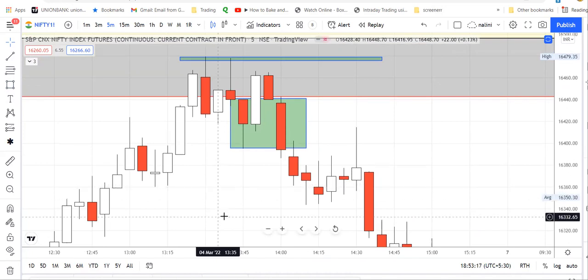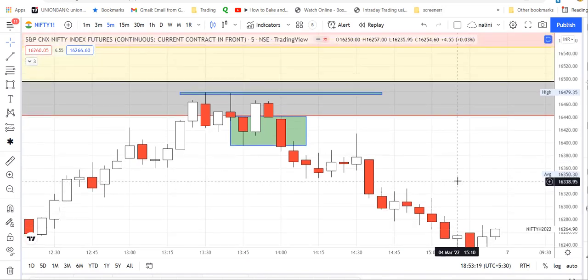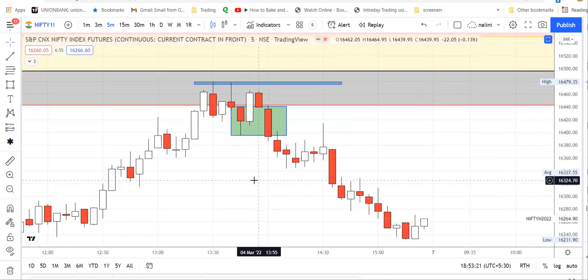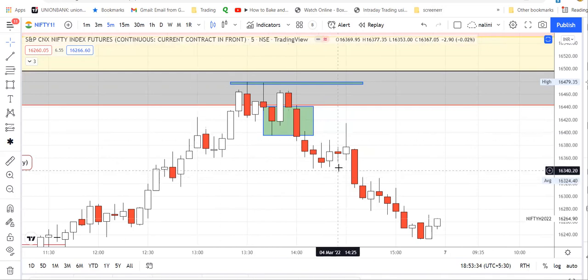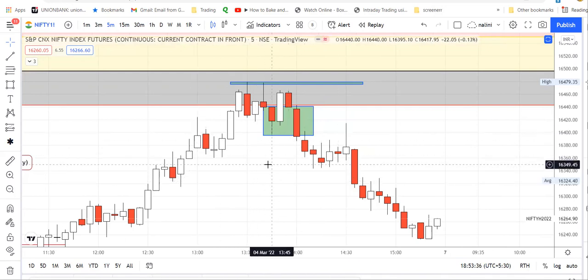So I hope this information will help you to take better trades, even in the call option, and you can make money in the call options also, or you can sell the futures or buy the futures, and you can make out where the change is going to come in the intraday.